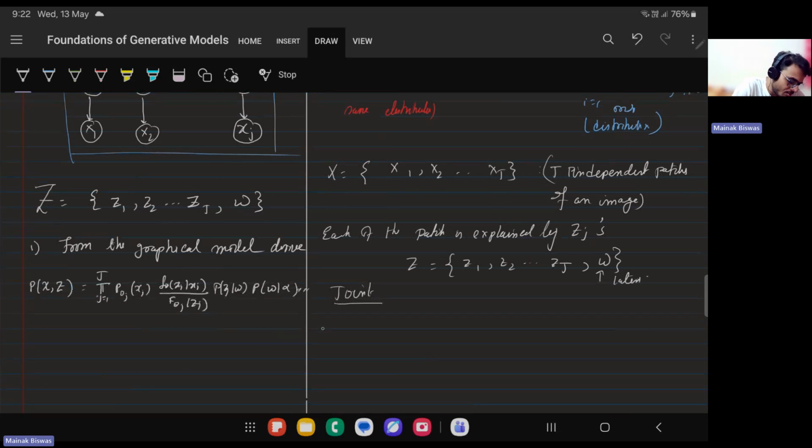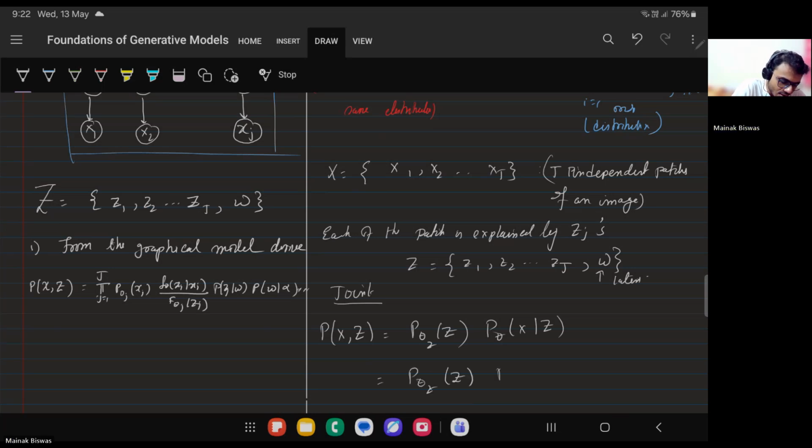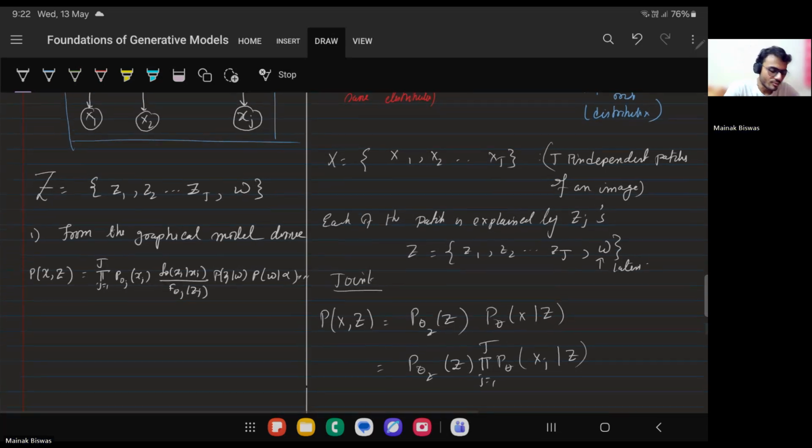So I can write down P of X comma Z as the P theta of Z of this distribution. So again, in the same manner, P theta of X given Z, I can write this as P theta of Z times the product over j equal to 1 to J of P theta of Xj given Z. Now Xj's are independent of all other Zs given Zj.